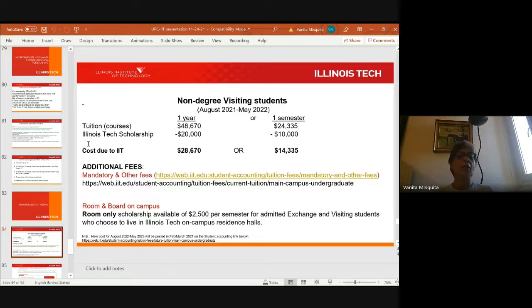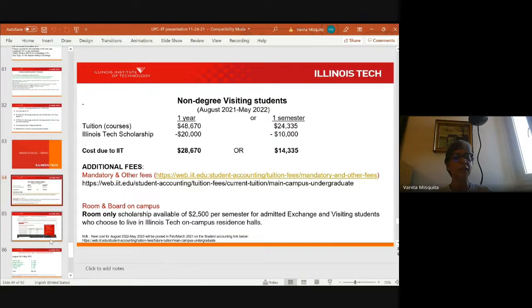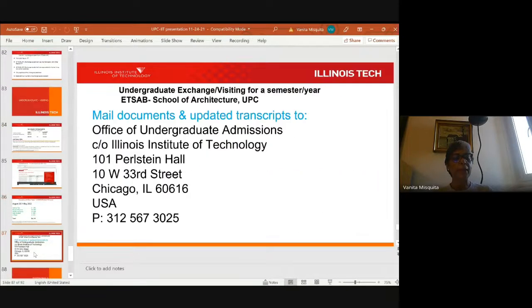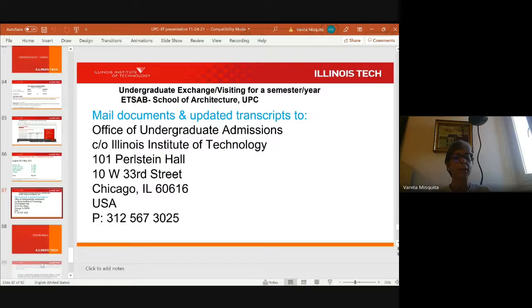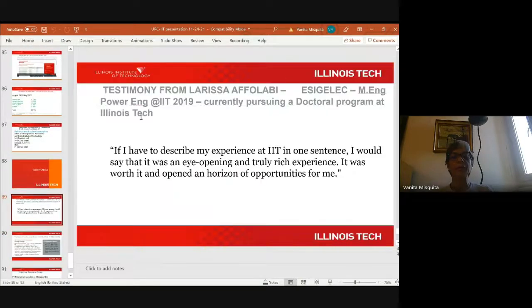Again, for those listening in, this only applies to the School of Architecture at UPC, architecture students at the undergraduate bachelor's level. And of course, the ETSAB students from the School of Architecture have to mail in their documents.